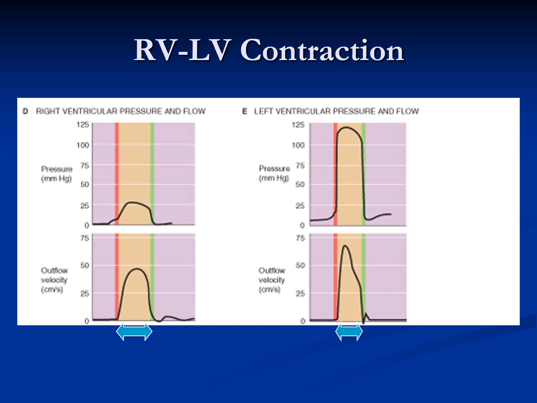The final result is both will eject the same cardiac output. The cardiac output of the right ventricle per minute is exactly that of the left ventricle per minute. But because of lower pressure, because of lower velocity, there is less energy, and therefore less energy consumed. The RV does it by consuming way less oxygen and way less energy.